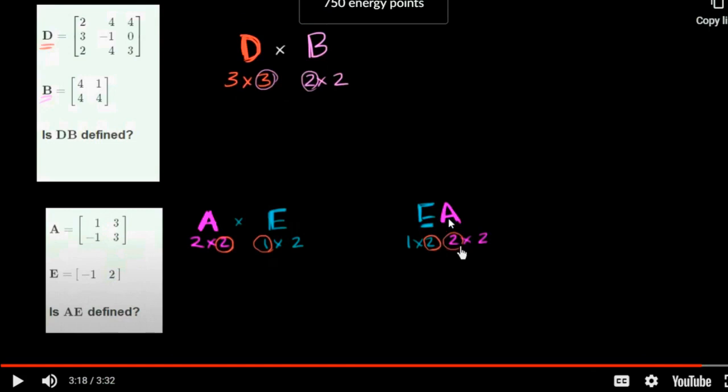It doesn't matter which way we do that. With a matrix, it does matter because we cannot multiply A times E because the dimensions are not right. But we can multiply E times A. So very, very different. You have to pay attention with matrices on when you can multiply. This one you can't. And the answer for this is a 1 by 2 when you multiply E times A. So it makes a difference. You have to pay attention when you get to matrices.